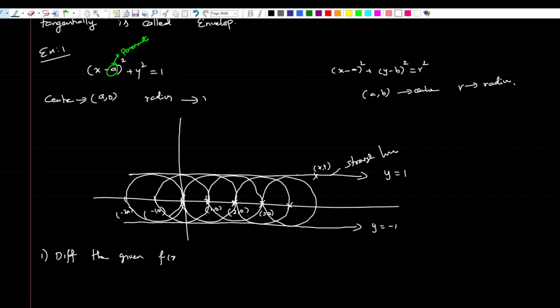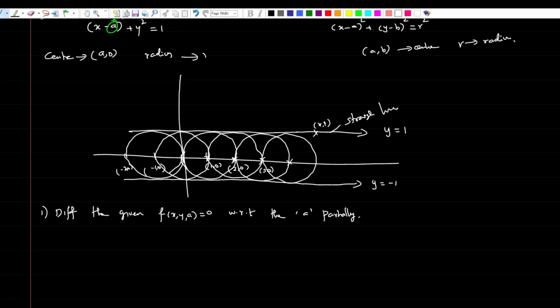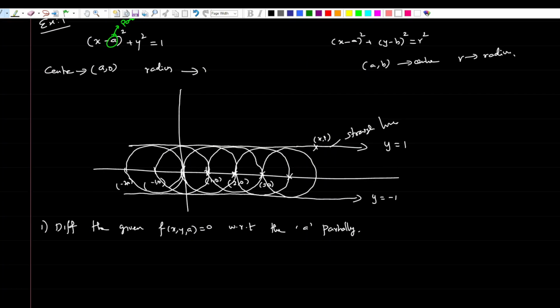Let me consider the family of curves as f of x comma y comma a equal to 0, with respect to the parameter a partially. That is, you have to differentiate partially with respect to a. Let me consider x minus a the whole square plus y square equal to 1 as equation number 1.